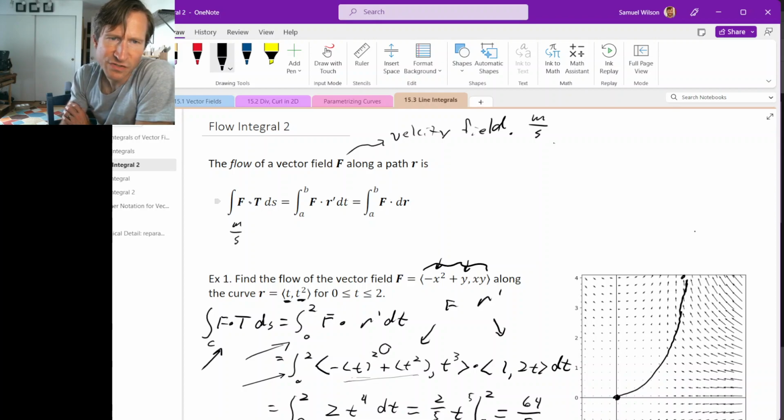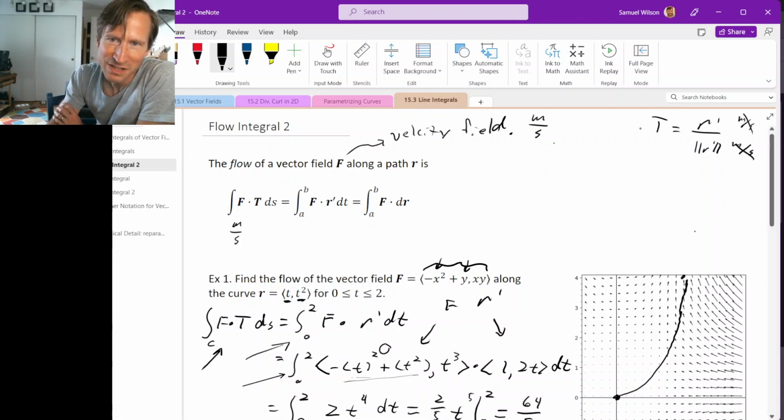Okay, this tangent vector doesn't have any units, right? Direction vectors are unitless because, remember, capital T is r prime over the length of r prime. So if r is measured in meters, then r prime is measured in meters per second, but the magnitude of r prime is also in meters per second, and those cancel.